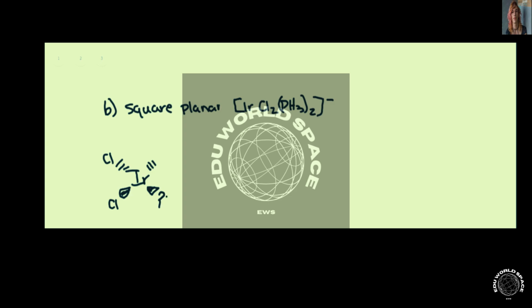Got a PH3 and a PH3. And this complex has a negative charge on it.